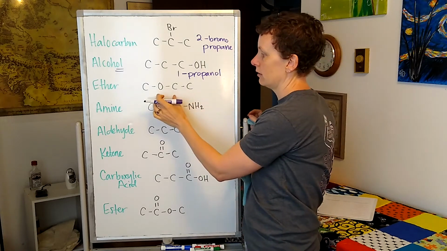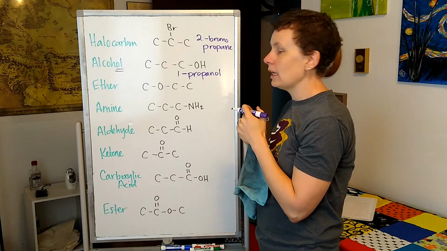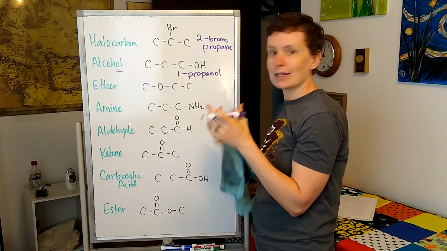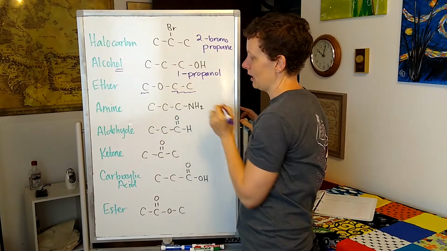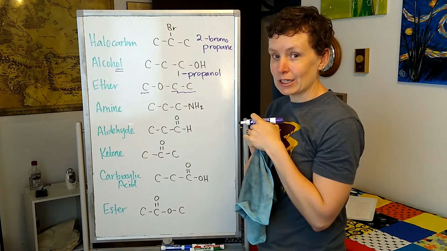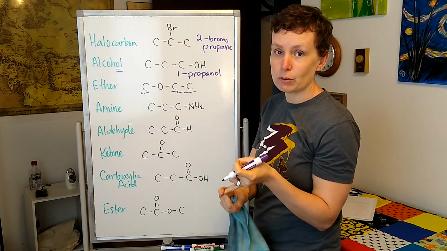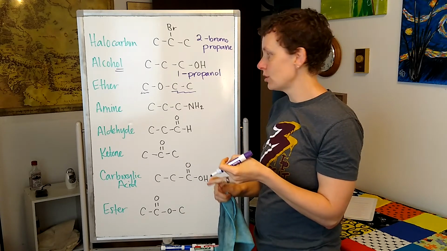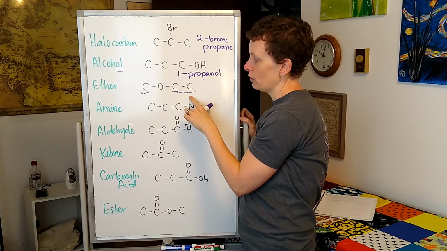Okay, ether. Ether is our oxygen in the middle, okay? And with ethers, we name the carbons as branches. So I have a branch right here, and I have a branch right here. And when we have carbon branches, the way we name them is based off of the number of carbons for the prefix and YL as the suffix for a branch. So this right here is an ethyl branch because it has 2 carbons.